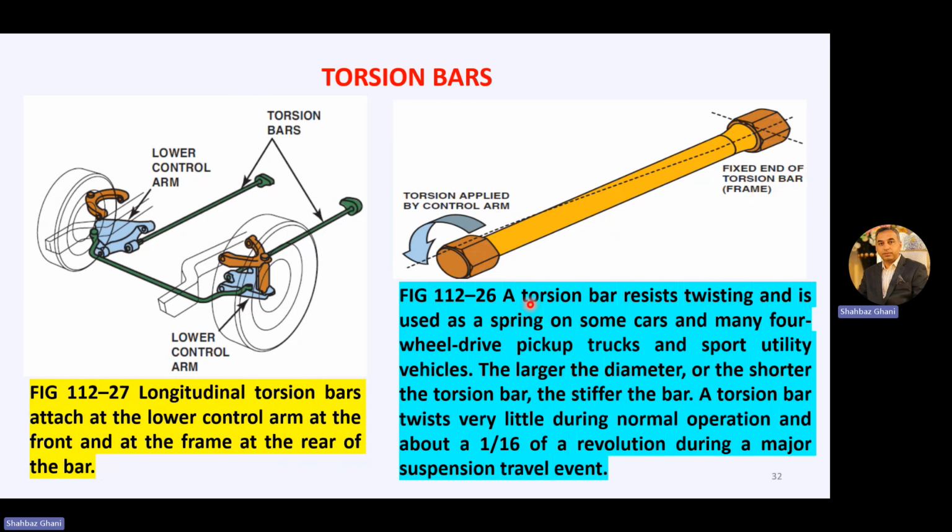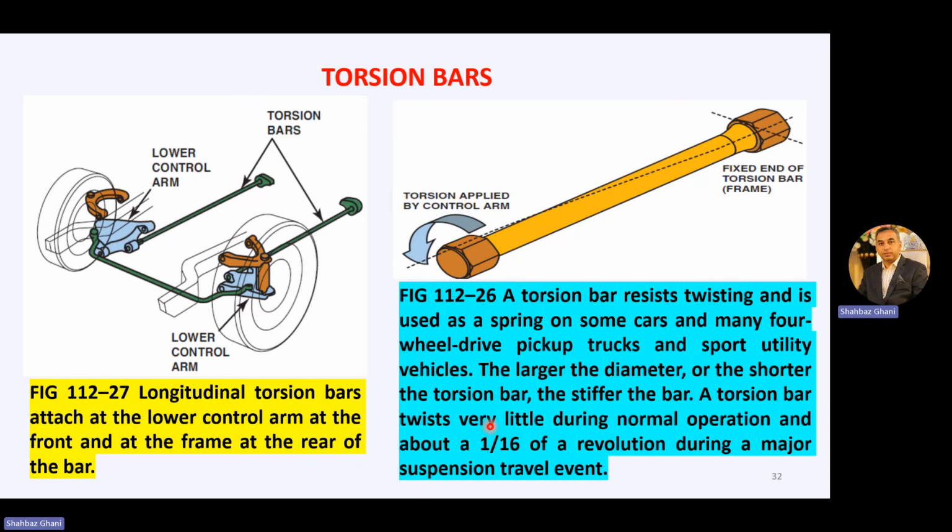I read again: a torsion bar resists twisting and is used as a spring on some cars and many four-wheel drive pickups, trucks, and SUVs. The larger the diameter of the torsion bar or the shorter the torsion bar, the stiffer the bar is.